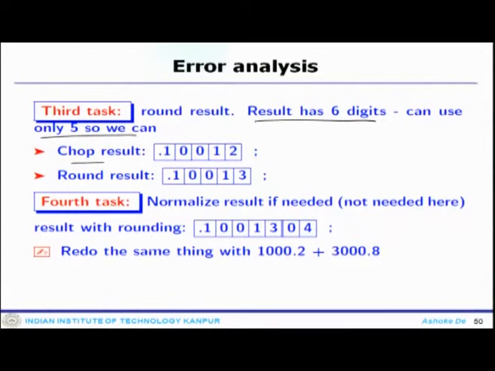So, even after the addition you will get a chopped result up to 5 digits. So, D3, D4, D5, and where it is getting rounded up, it is rounded up to 0.10013, again rounded to 5 digits, because that is the accuracy that you have.